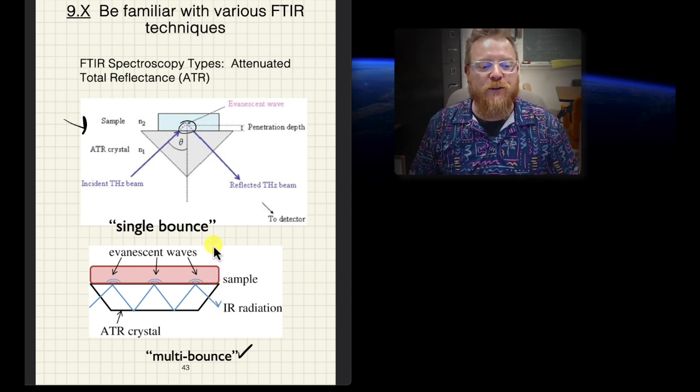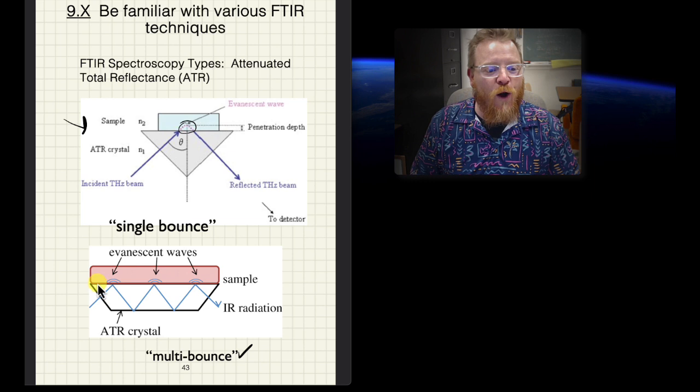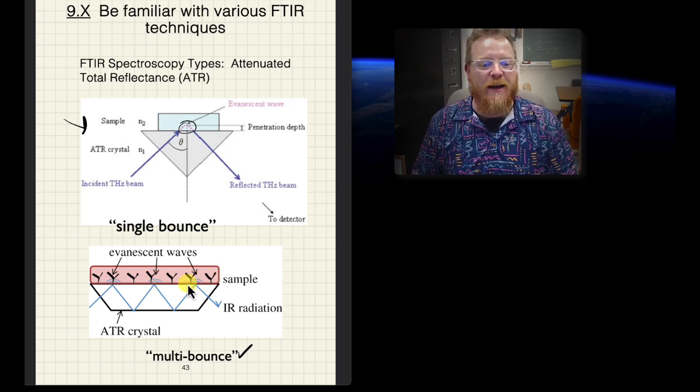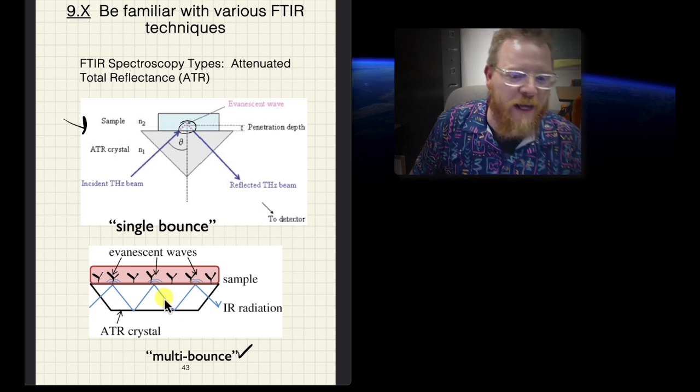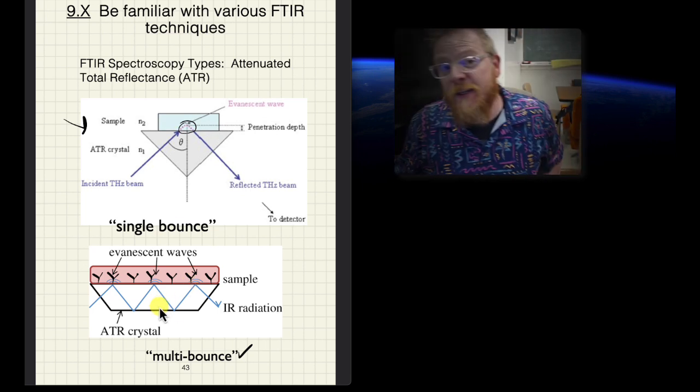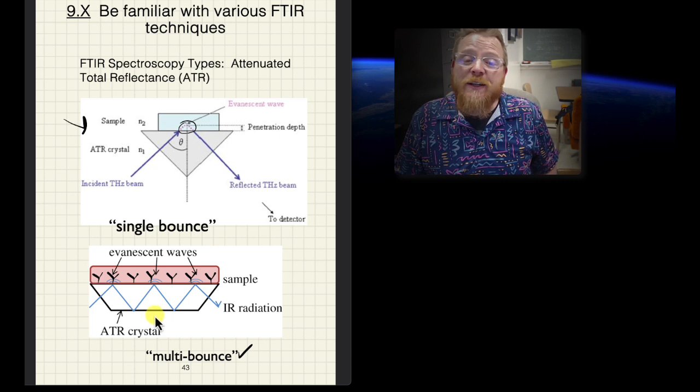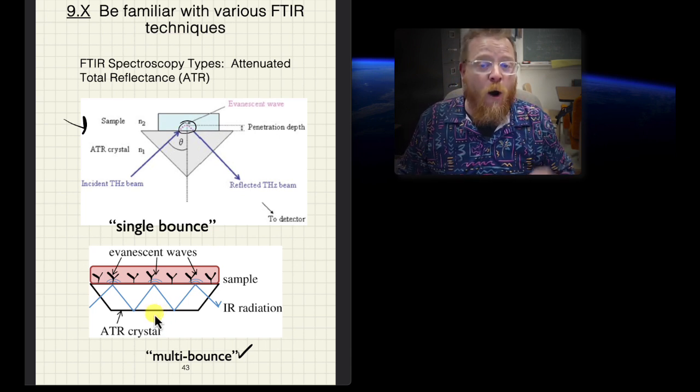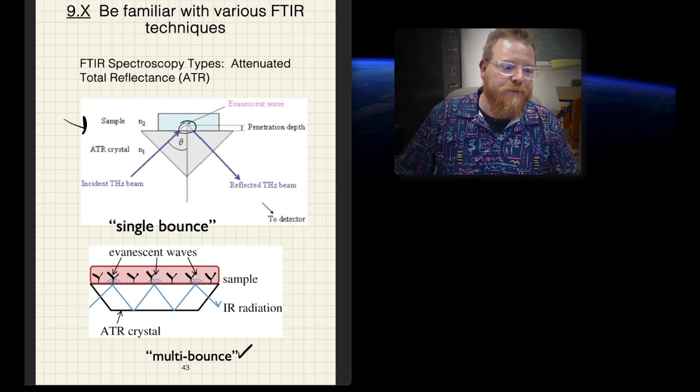There's a lot of cool research out there where people have grown single molecules on the surface of their crystal. Because they get multiple bounces through these, that's like my cartoon, a monolayer of molecules. Because of the multi-bounce, you can see an impressively small amount of material.